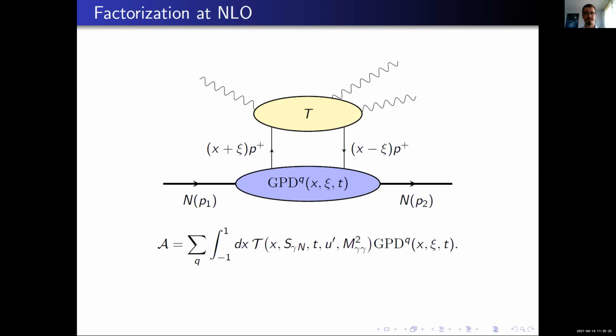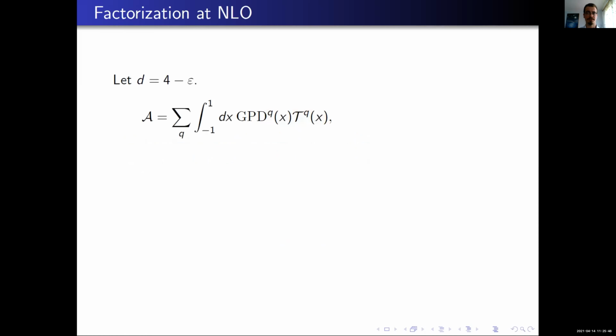Let me move back to this picture of factorization with this integral. At higher orders in QCD, it looks basically the same, but both the hard part and GPD acquire perturbative corrections due to QCD loop diagrams.